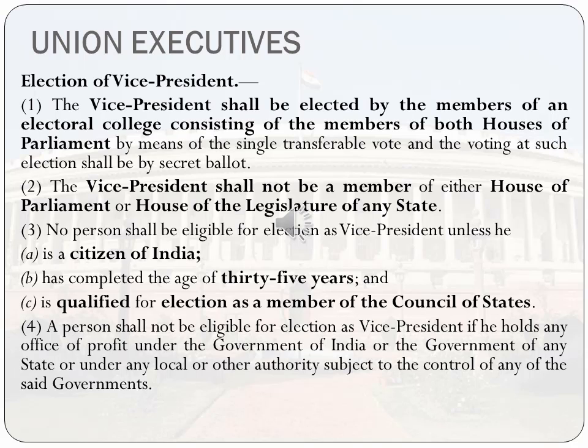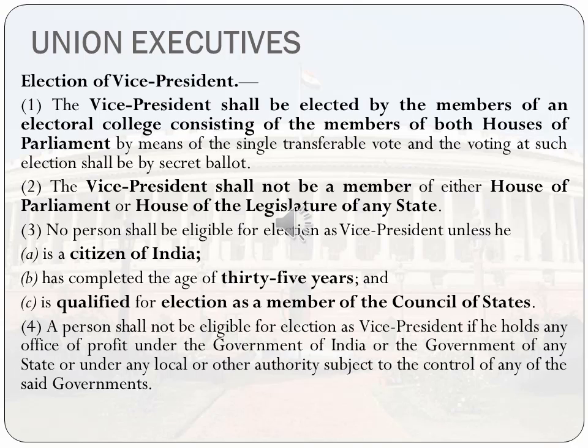And third, he should be qualified for election as a member of the Council of States. He should be a citizen of India, he should have completed 35 years of age, and he should be qualified to be elected as a member of the Council of States.